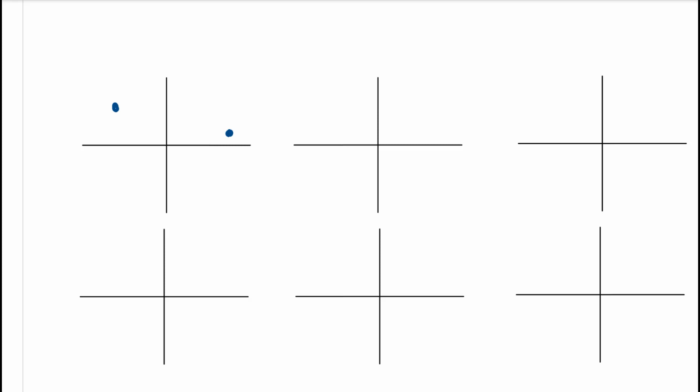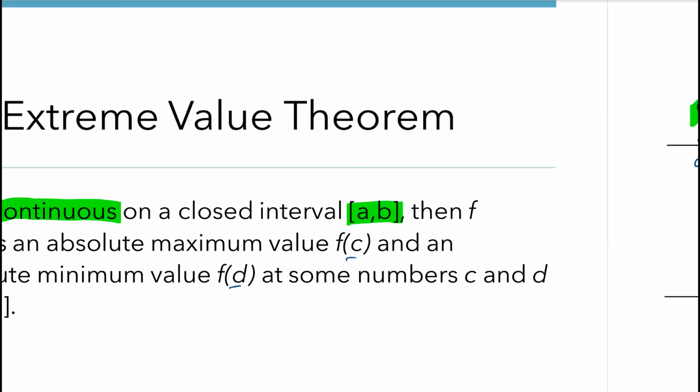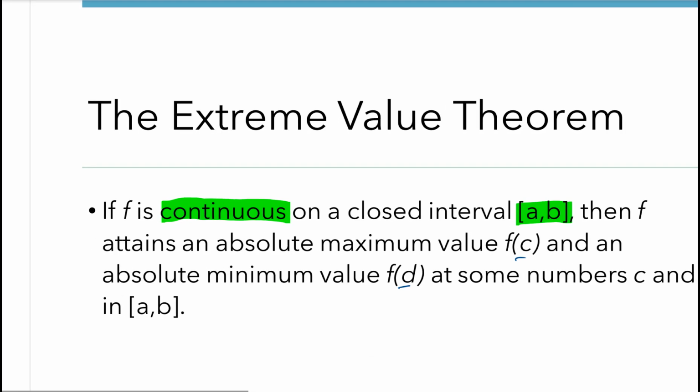It doesn't matter how you make it. Maybe you just make a straight line. All right, max, min, found it. So there would be our A and our B at the interval. It just happened that those two numbers, the C and the D, in that closed interval are the endpoints.